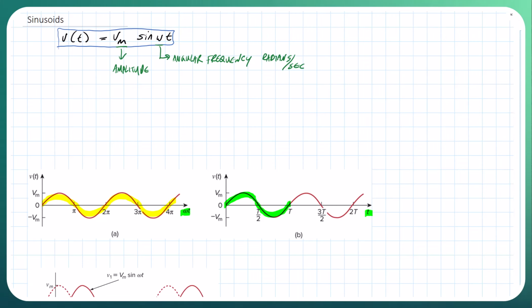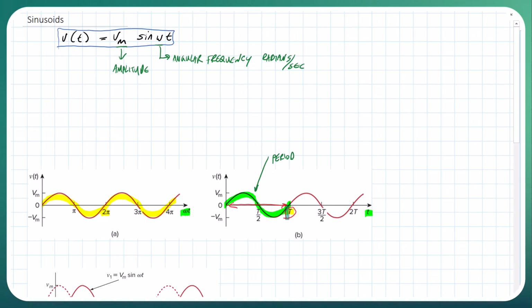This is our period here, and this is important because we're going to call this capital T, from here to here. It's going to be the period of the sinusoid. So then we can look at T here, and then 2 pi here.